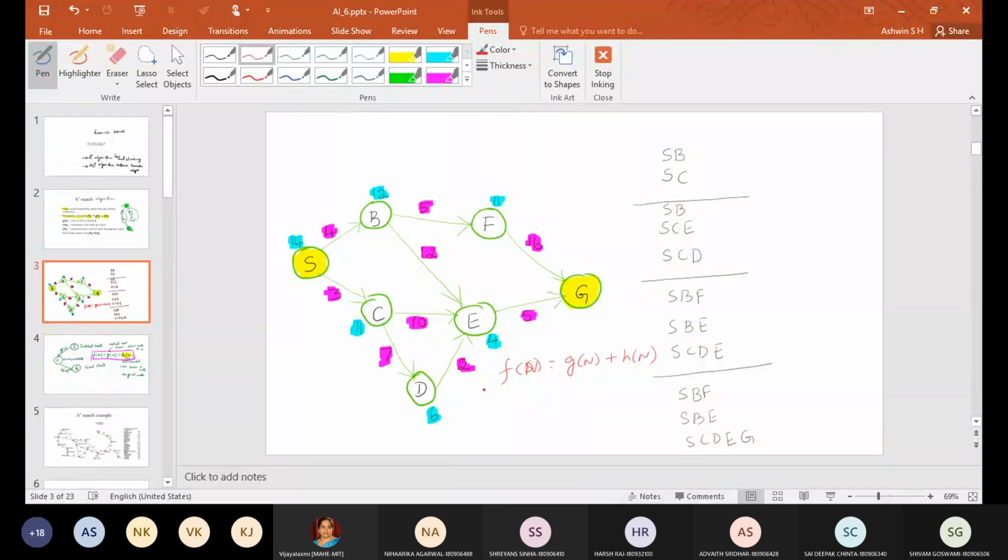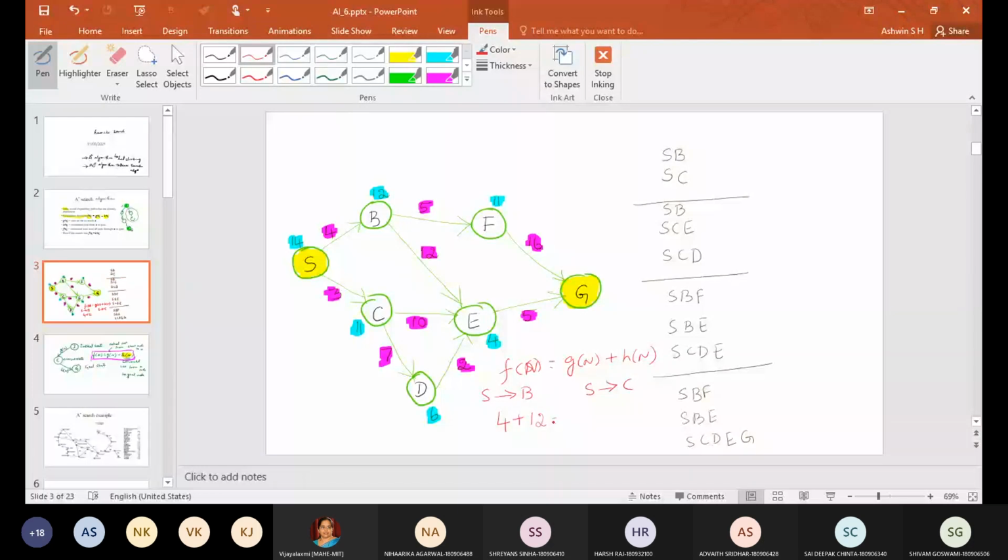Now two paths are available: S to B and S to C. To move from S to B, the value of g of n is 4, plus h of n with respect to node B, which is 12.